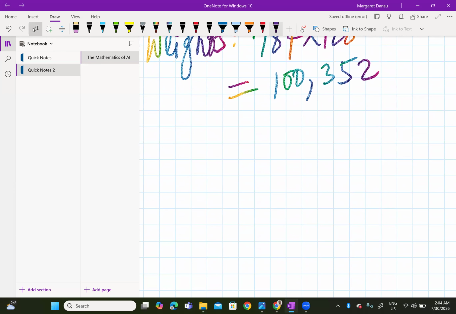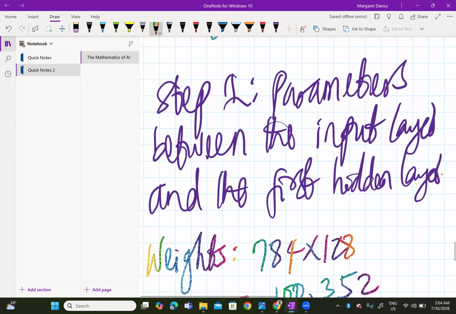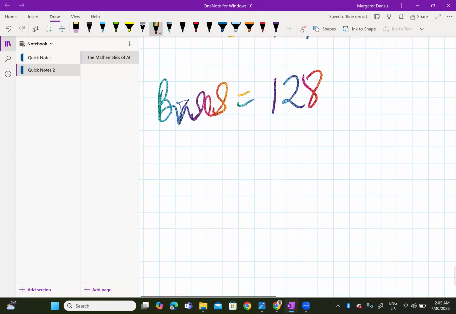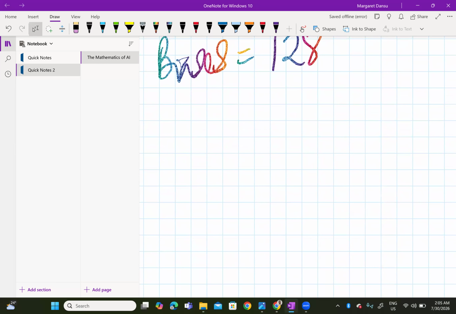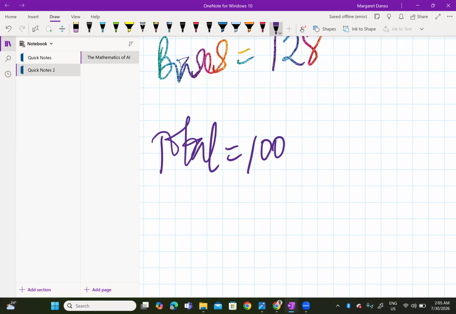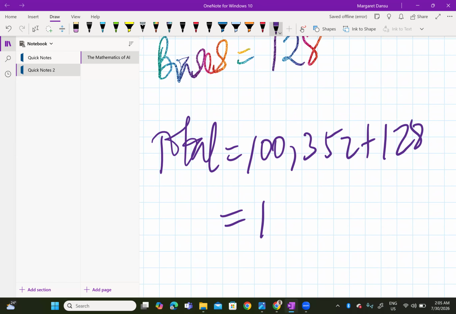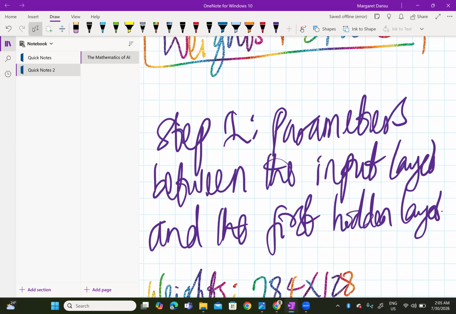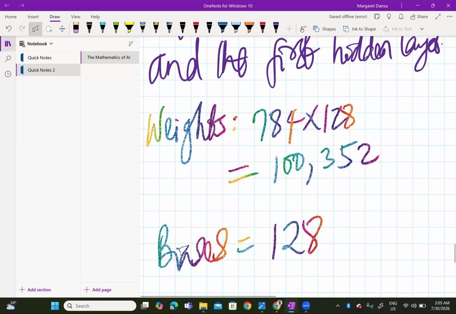And for the biases, you have that to be 128. So the biases will automatically follow this idea of 128. So with that in place, the total is 100,352 plus 128, and that is equal to 100,480. So that's the total between the input layer and the first hidden layer.